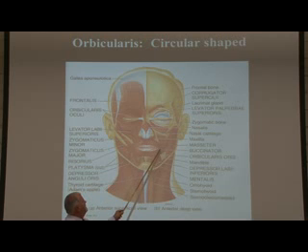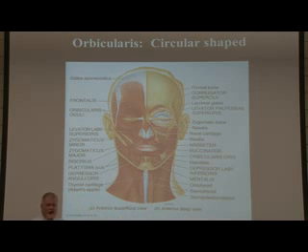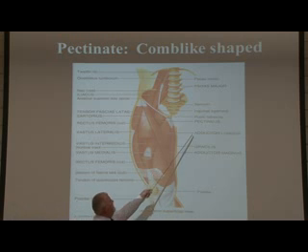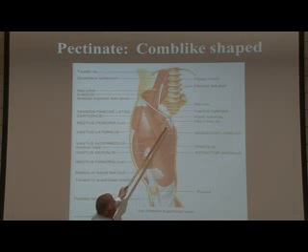And again, orbicular tells us that the fibers run in a circular pattern. So most orbicular muscles are always going to be associated with an opening, that they're going to decrease the size of the opening.